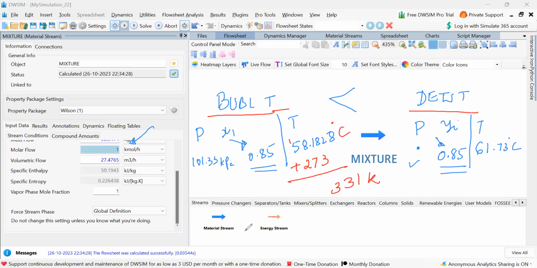What is the answer we obtained as per the textbook? It is 331 Kelvin. Exactly, it matches the calculation we have done with modified Raoult's law.